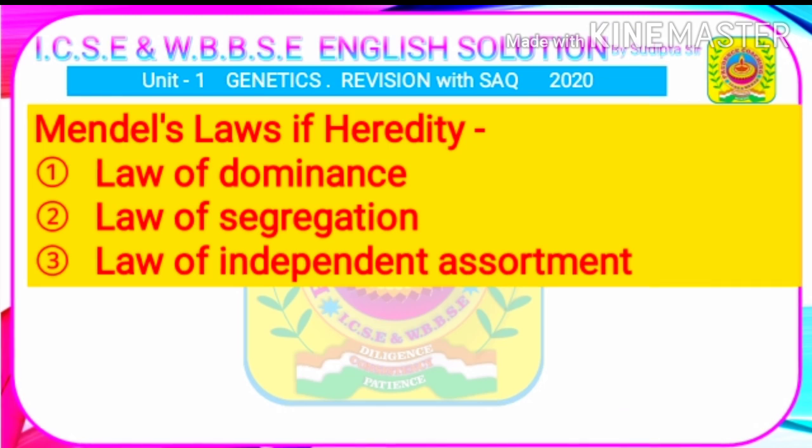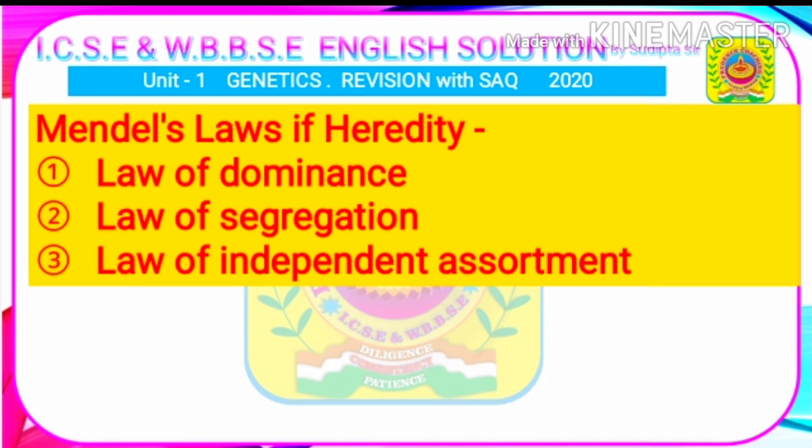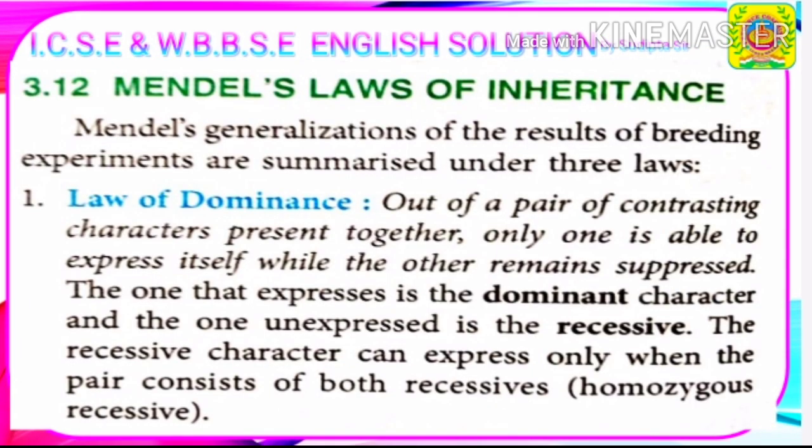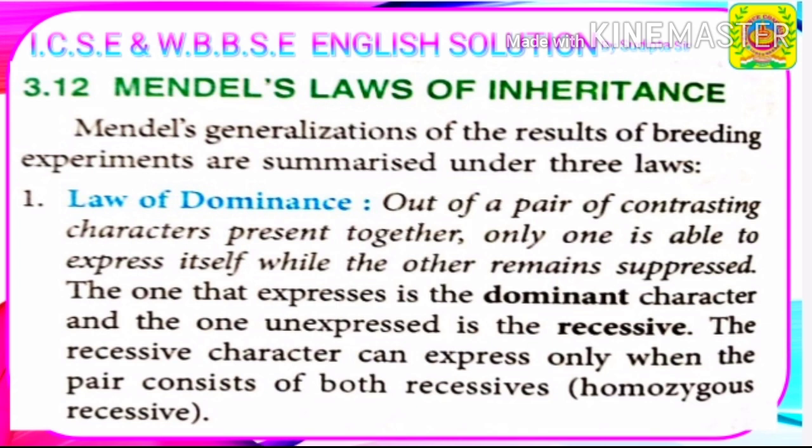that is Mendel's Law. And Mendel's Law is most important for this chapter, genetics. Mendel's three principal laws are number 1 law of dominance, number 2 law of segregation, and number 3 law of independent assortment. Mendel's first law, law of dominance.